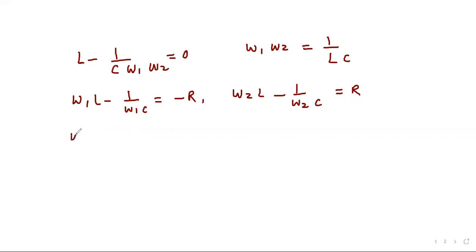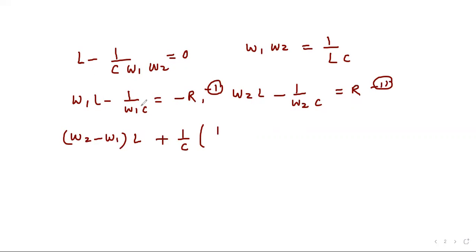omega 2 minus omega 1 times L. Here, first is subtracted from second. Omega 2 minus omega 1 times L plus 1 upon C times 1 upon omega 2.